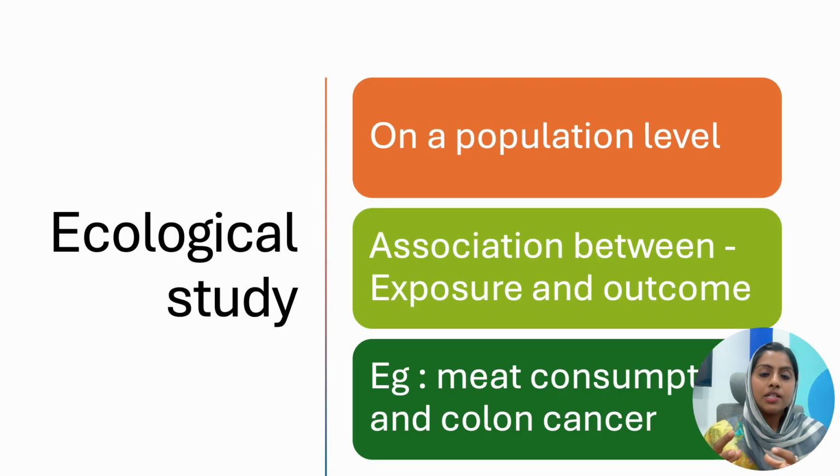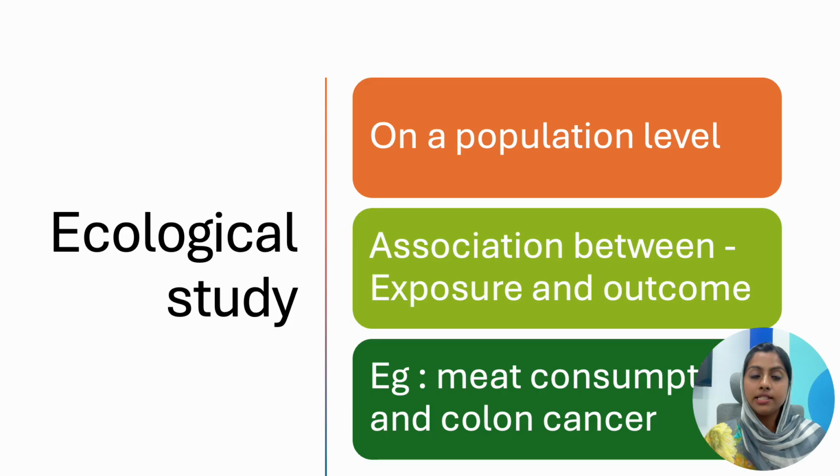And coming to the ecological study, the peculiarity of an ecological study is that it's done on a population basis, which means you are not considering individual patients as study subjects, rather we are considering the whole population. For example, it might be an association between meat consumption and colon cancer. If you consider meat consumption in one patient and colon cancer in the same patient, that is the normal study. But imagine that you are considering a state.